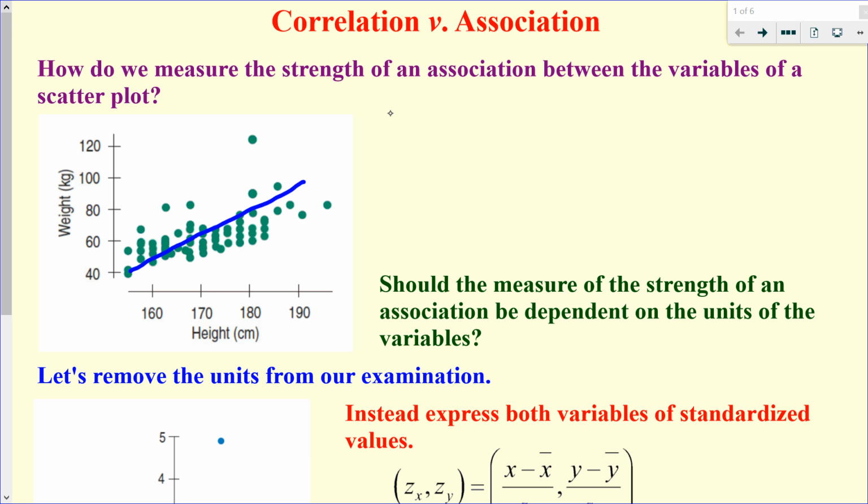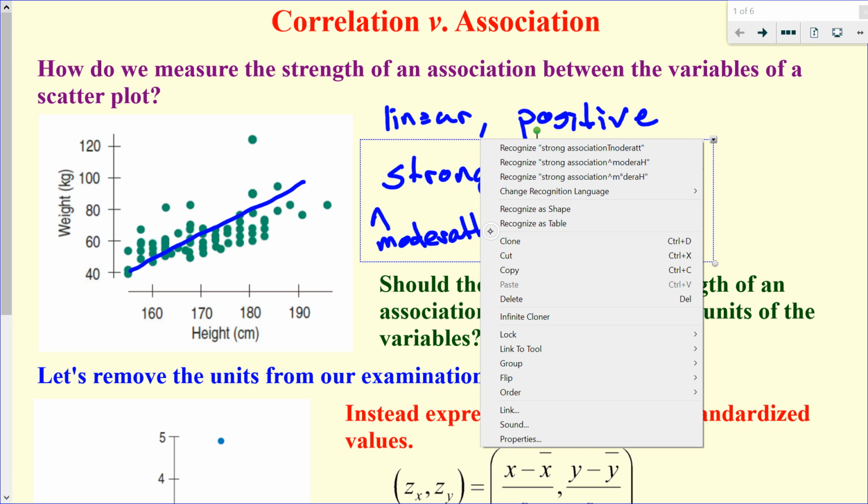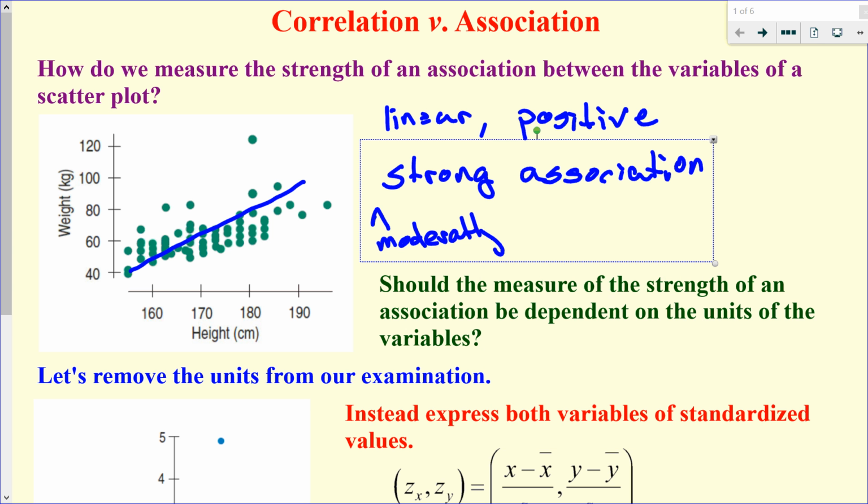It is linear, it is positive, and it has a strong association. Maybe even, if you wanted to, moderately strong. And we can see here there is an outlier.